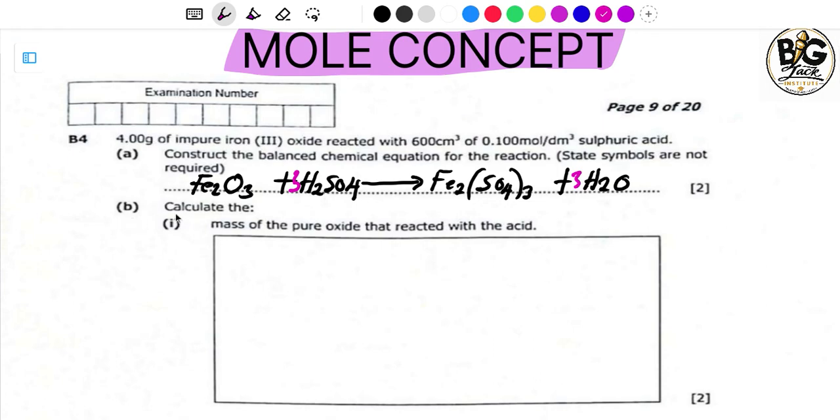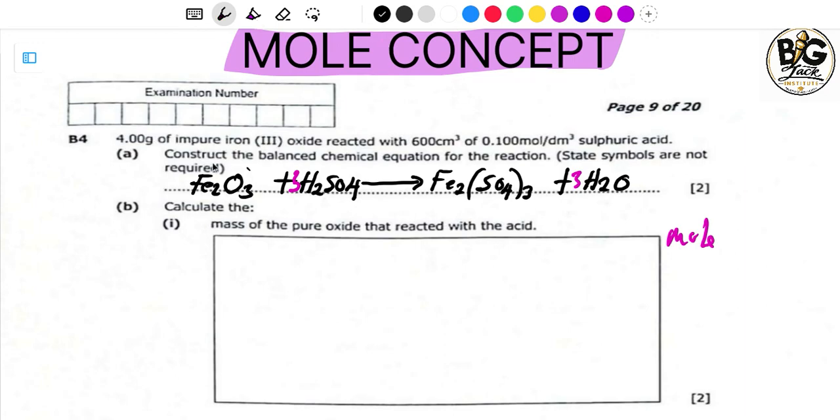Then for question B, it is saying calculate Roman number 1, the mass of pure iron(III) oxide that reacted with the acid. For us to calculate that one, we are going to use the mole ratio of the reactants.